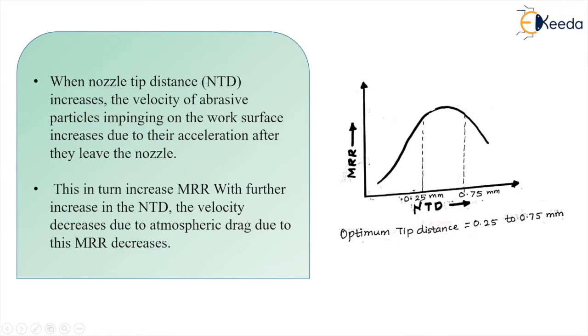So that is the thing: with nozzle tip distance, MRR initially increases because of the velocity of the abrasive, and after that atmospheric drag acts on the jet and MRR decreases. Please remember this.